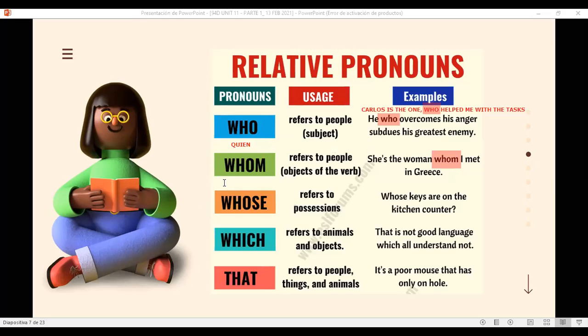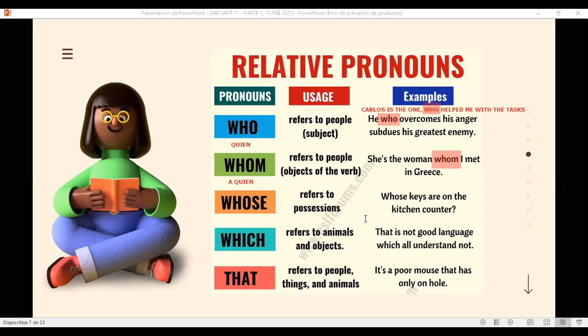Whom ya significa a quién. ¿Sí? For example, she's the woman whom I met in Greece. Esa es la mujer a quien yo conocí en Grecia. So, whom, a quién.